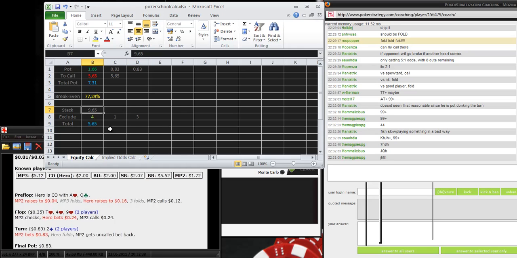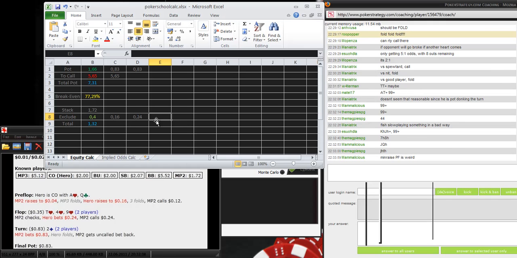And for that I'm having another calculator which tells me, for example in this case, the opponent has $1.72, and from pre-flop we exclude the amount he calls, which means 16 cents. On flop it's 24 cents, and on turn it's 83 cents.